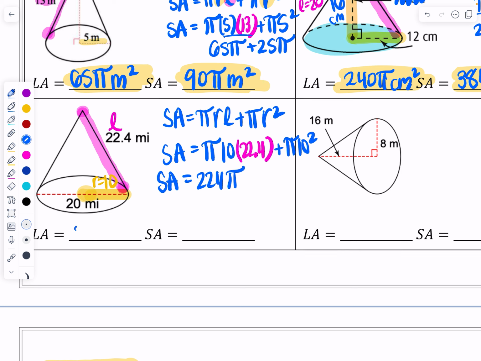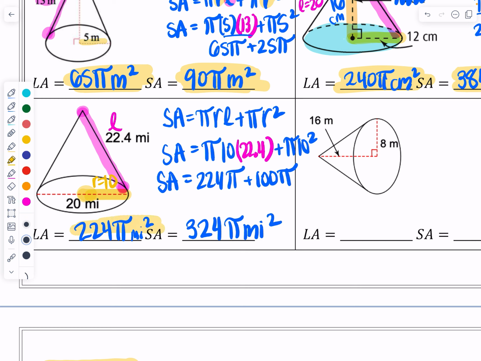That's my walls unwrapped, 224 pi. But then I have to add in the area of the base. So that's going to be 100 pi. So what is 224 plus 100? That's going to give me 324 pi miles squared. So there's the walls, and there's the entire surface area.